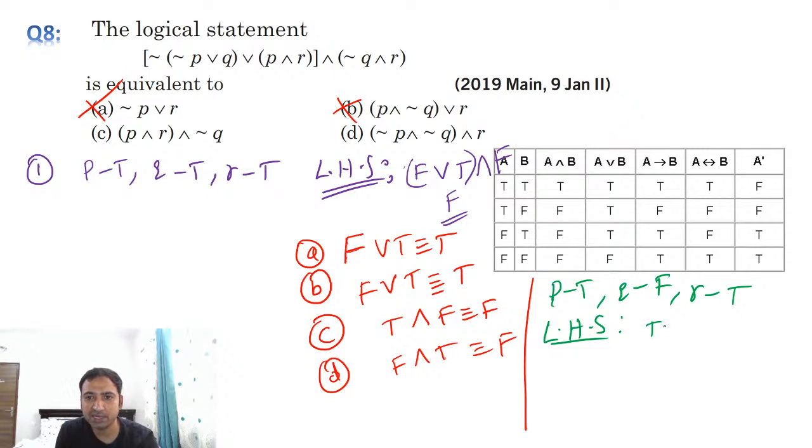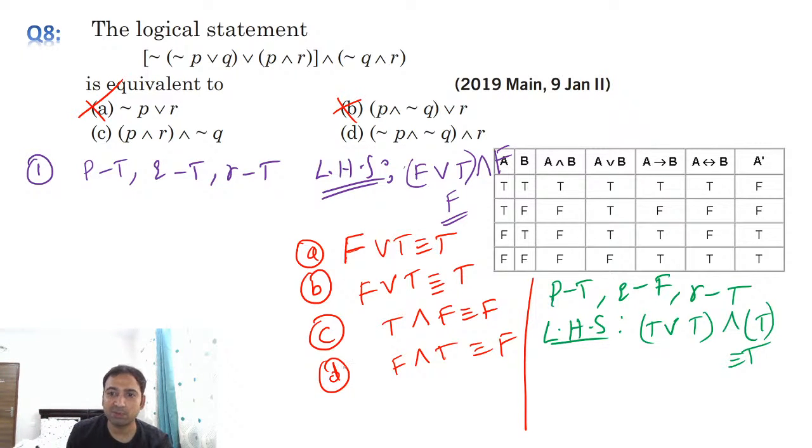Negation of false becomes true. True or P and R. P and R is what? P and R is true. So true or true, and this you can calculate. Negation of Q is what? True. True and true. Yes, so this is true we're getting. So finally we need to get true, guys.